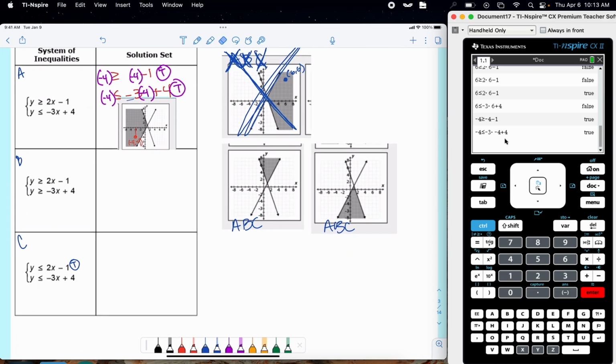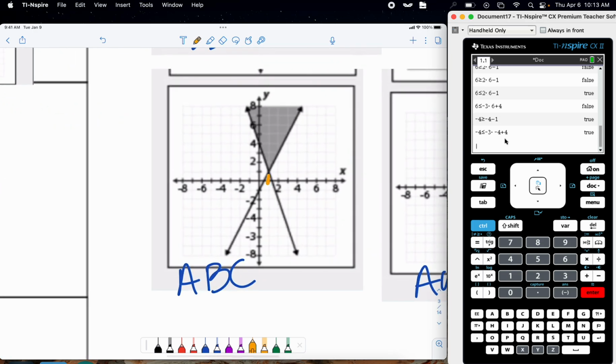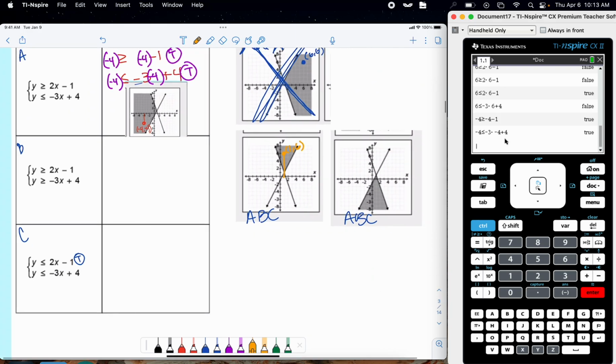Now we can move on to the next ones. We need to choose a point. How about 1, 6? We write y greater than or equal to 2x minus 1, and y greater than or equal to -3x plus 4.